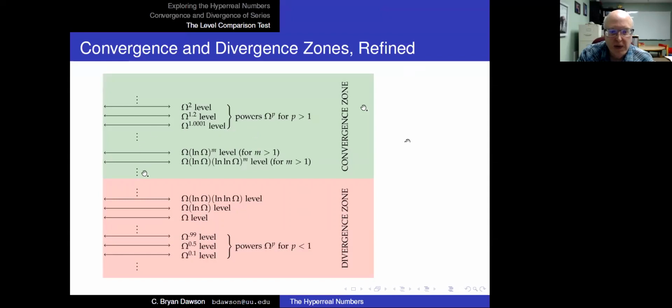So one of the things that you may have noticed is that I had omega times natural log omega in the divergence zone. You can prove that that's in the divergence zone using the integral test. And same with some of these others in here. So even between your omegas times natural logs and your powers of omega that are greater than 1, there are infinitely many of these types of levels in between them, and some are in the convergence zone, some are in the divergence zone.